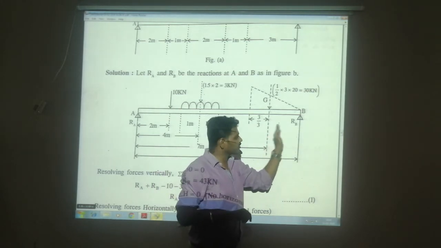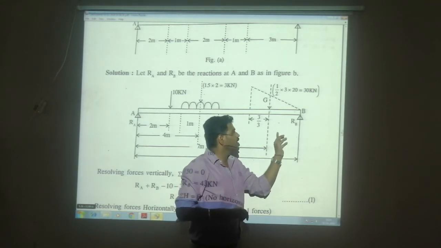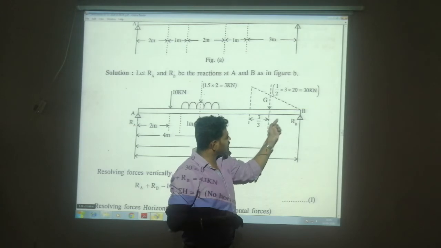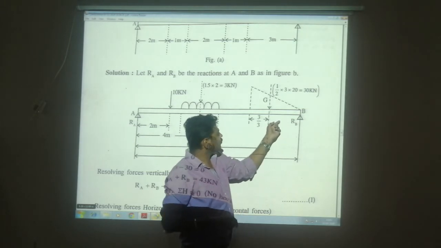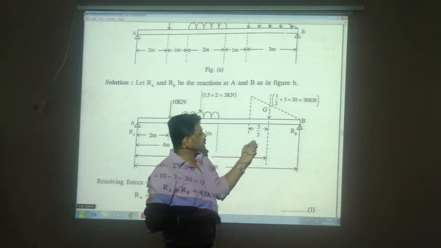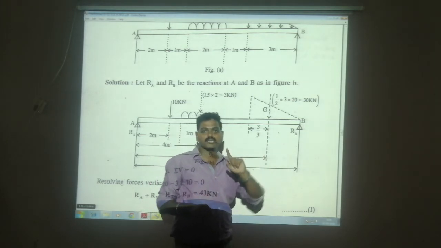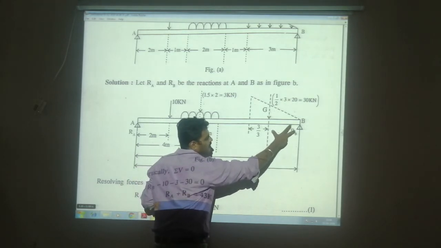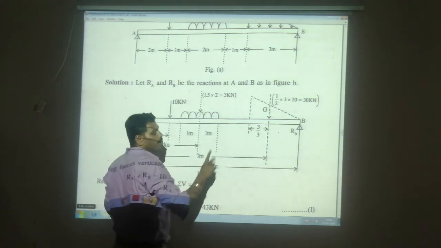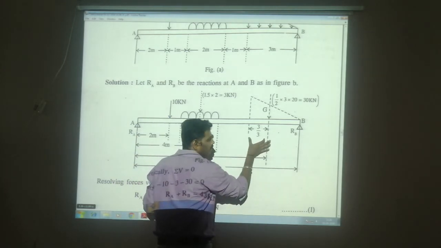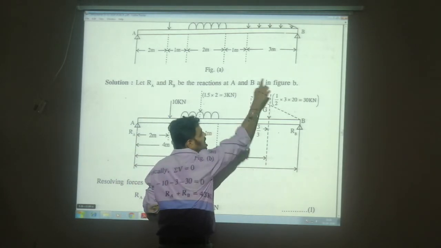From the smaller end, it is 2/3 of the distance, 2/3 into 3, the 3 will get cancelled, you will get only 2 meters. 1 plus 2, total distance is 3 meters.